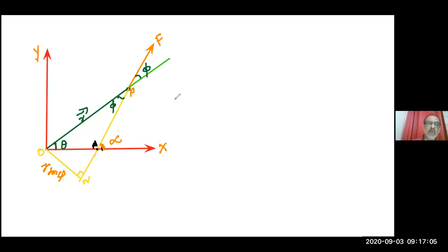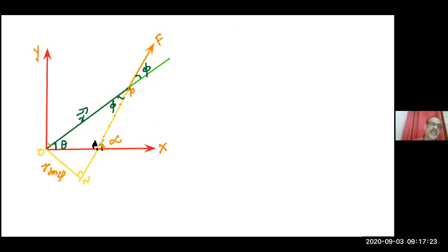Here we have to prove torque is equal to force into perpendicular distance, that means ON into F. That's what we are going to prove. Force into perpendicular distance between the line of action of force.